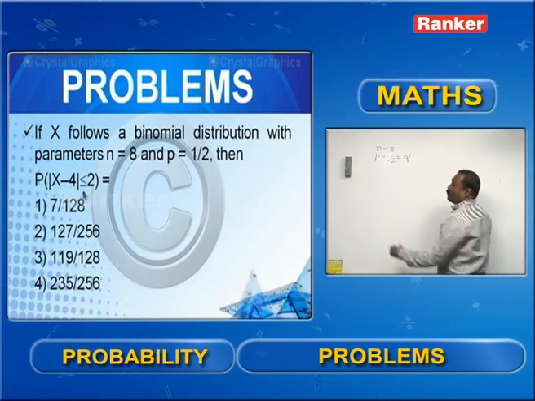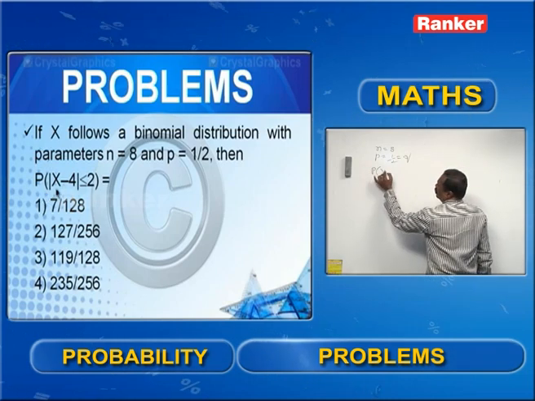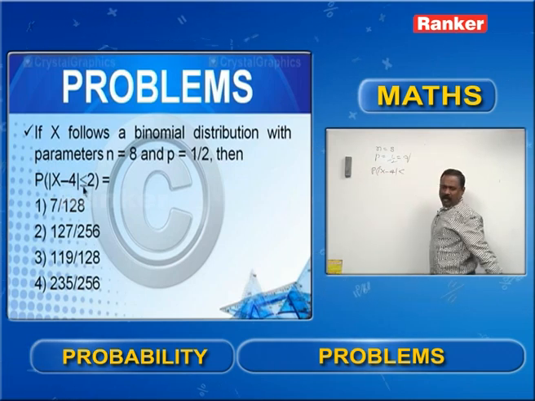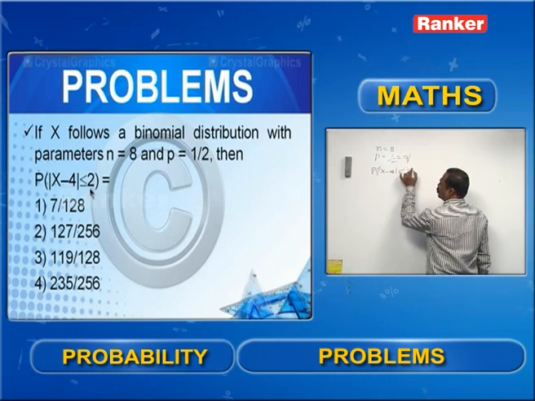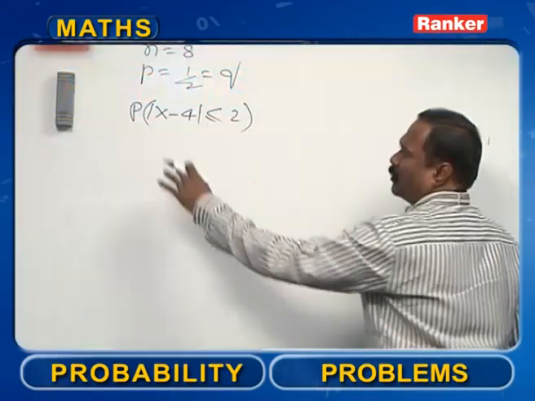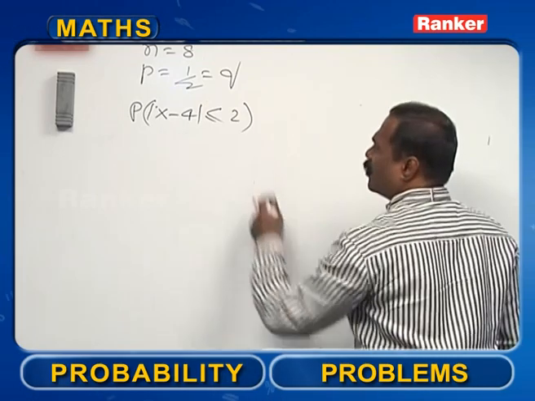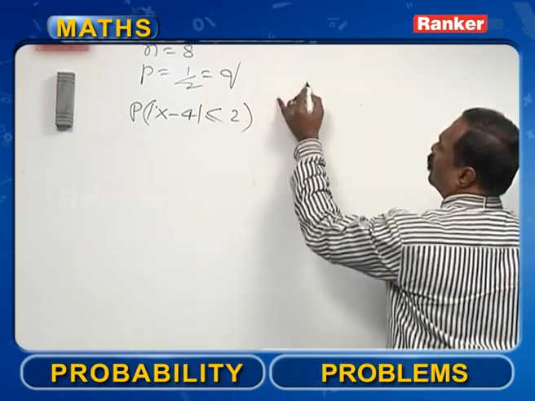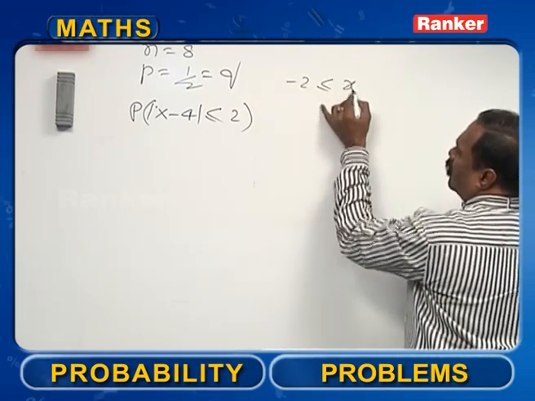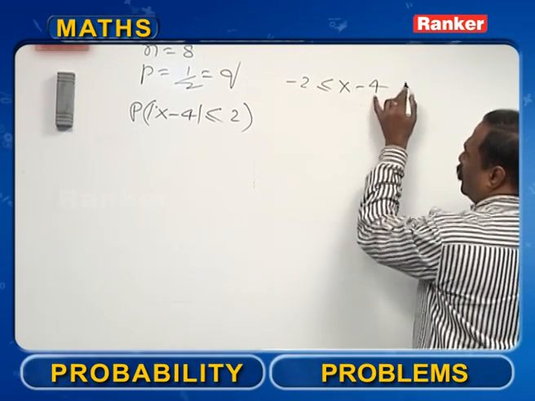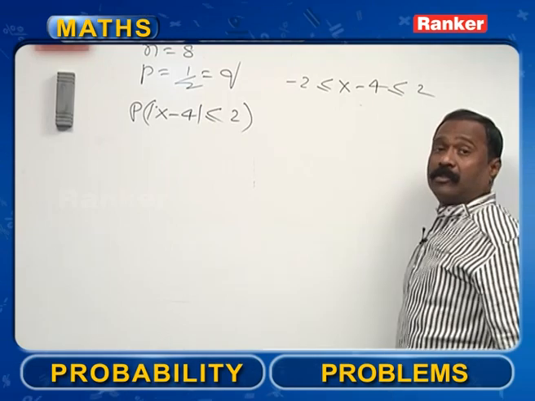And what we need is the probability of modulus of x minus 4 is less than or equal to 2. What does it mean? Modulus of x minus 4 less than or equal to 2 means minus 2 less than or equal to x minus 4. You can write capital X or small x, whatever you like. It is less than or equal to 2.